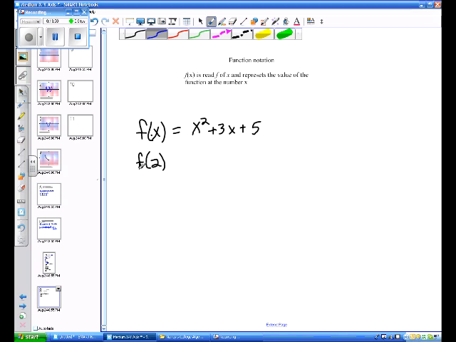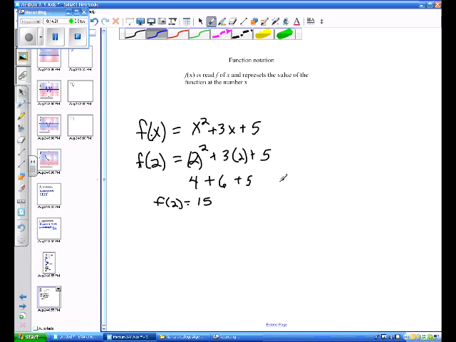So what we want to do here is take the function named f, and wherever there's an x, replace it with a 2. So we would have 2 squared plus 3 times 2 plus 5. And if we did that, we would have 4 plus 6 plus 5, which is 15. Now that's what our function is equal to when x is 2.